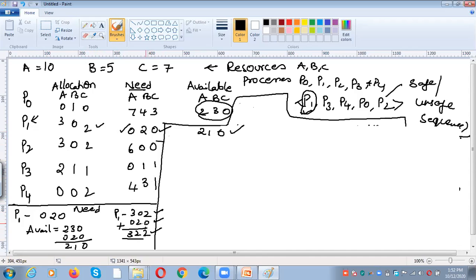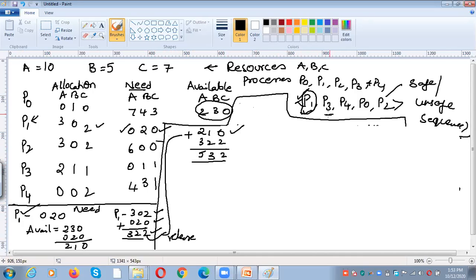So P1 will complete the task, and after using the resources, it will release them. Whenever you release the resources, those values are added to the available value. Why? Because after using the resources, the process has to release them. 5 3 2. So P1 successfully completes its execution, releases all the resources, and now P1 holds 0 resources.